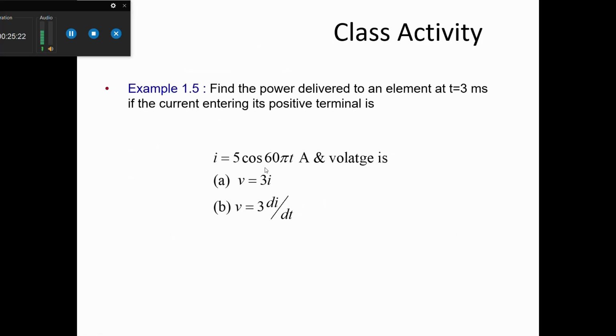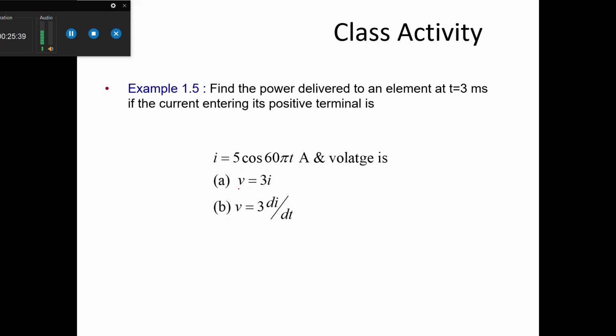So find the power delivered to an element at t equal to 3 millisecond if the current entering its positive terminal is given by this expression. There are two parts of this numerical: one is v equal to 3i, and the second is v equal to 3 di by dt.